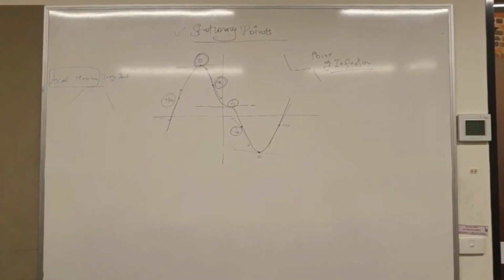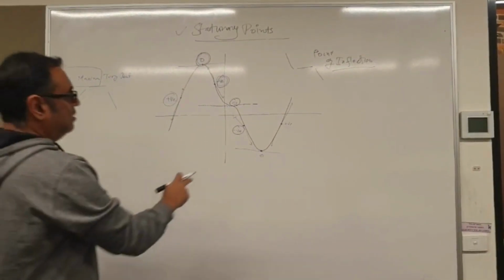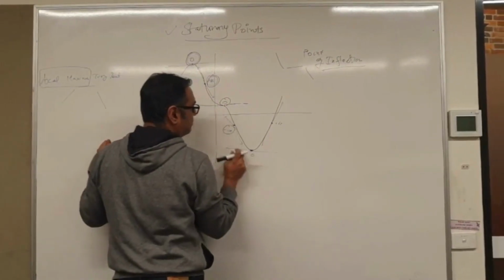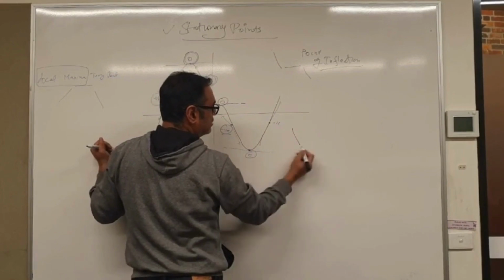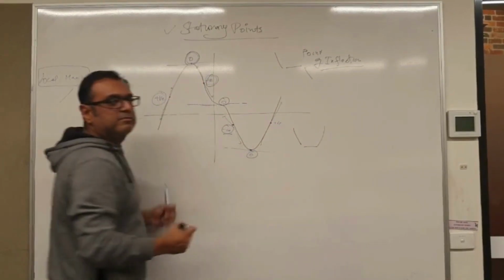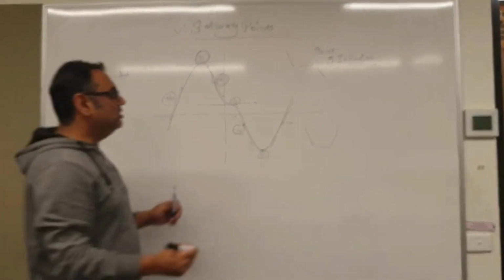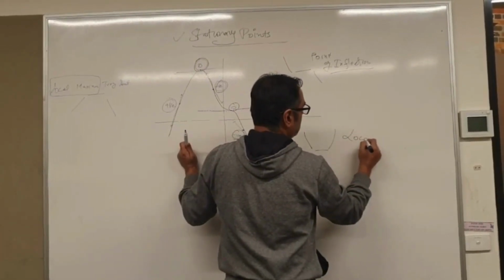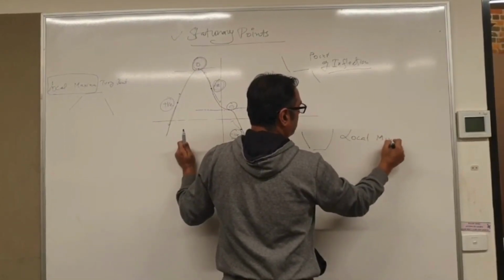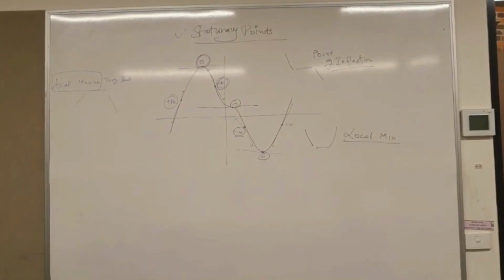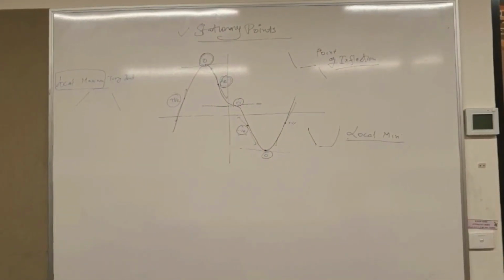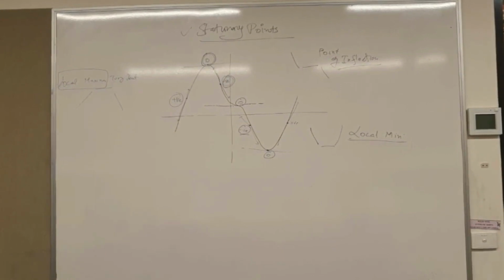What about here? Negative, 0, positive. And I call this a local minimum. Make sense?